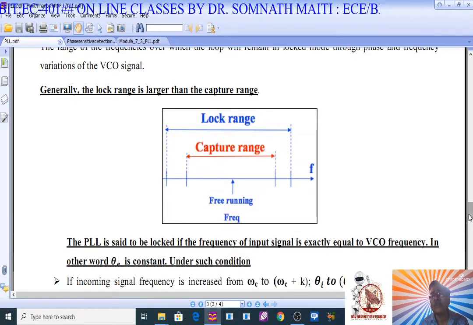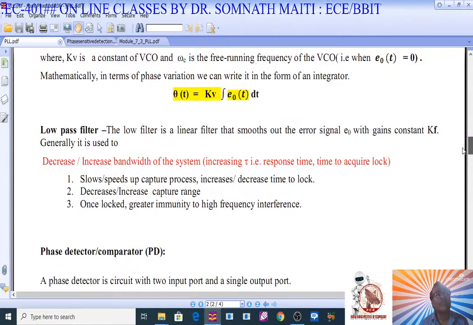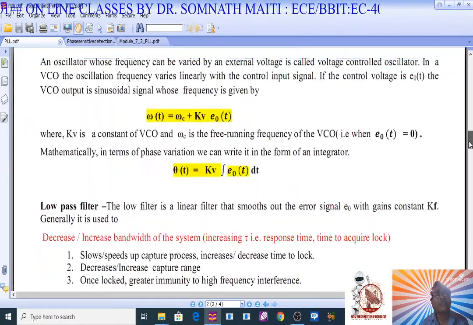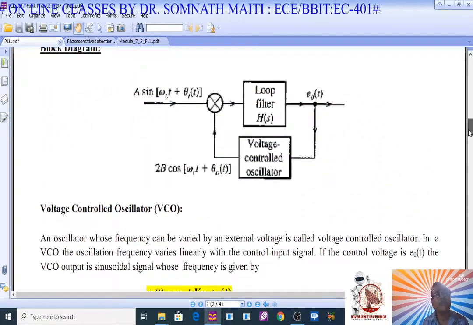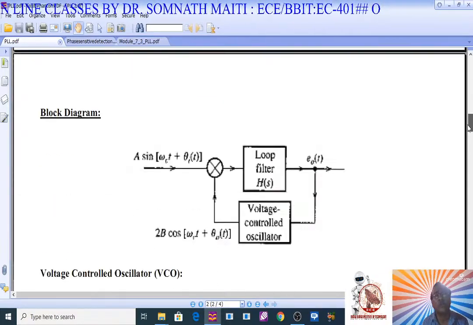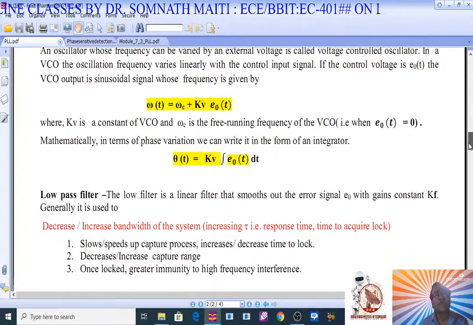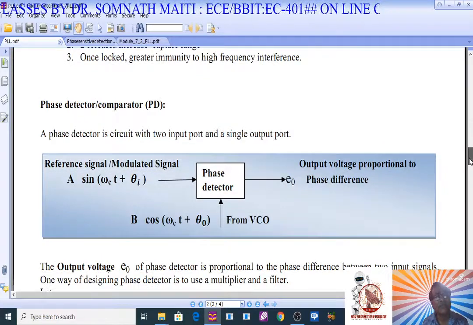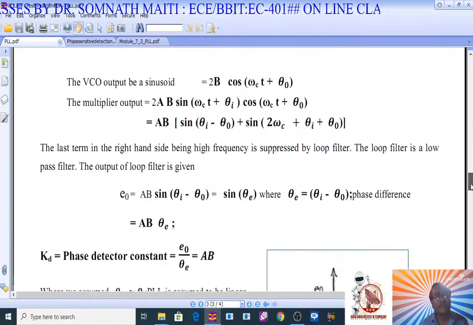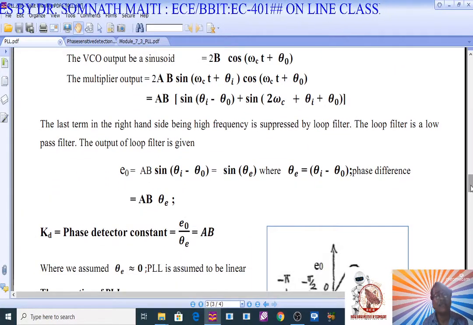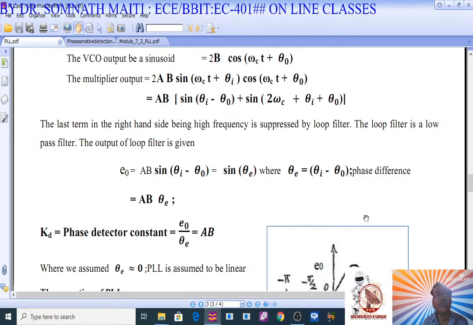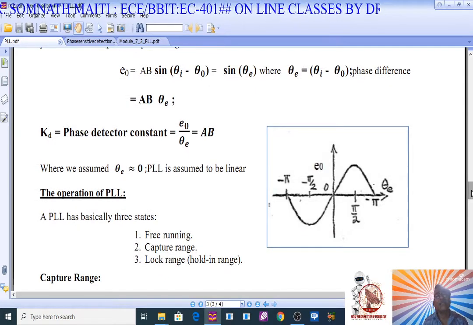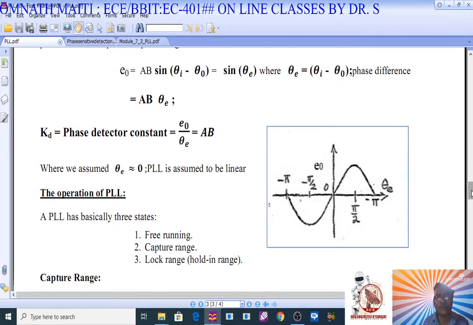Factor means I have already defined the factor for this. So what is that? KV, the factor of the VCO, then the factor of the low pass filter, that is KF, and KD is the factor of the phase detector. The lock range depends upon these three factors, whereas the capture range depends upon the bandwidth.